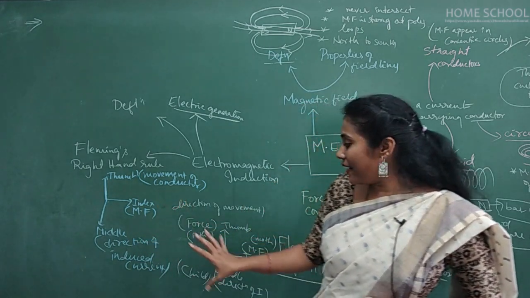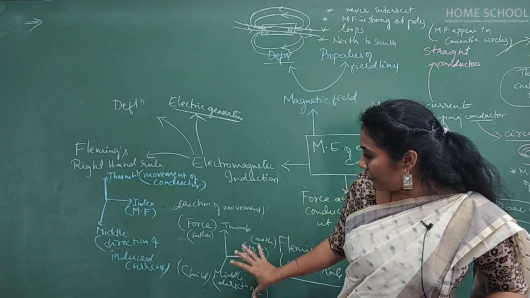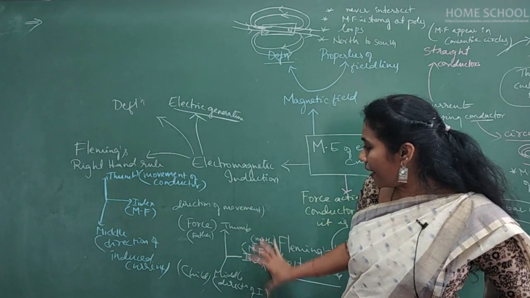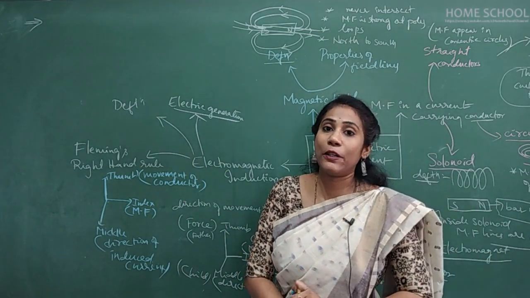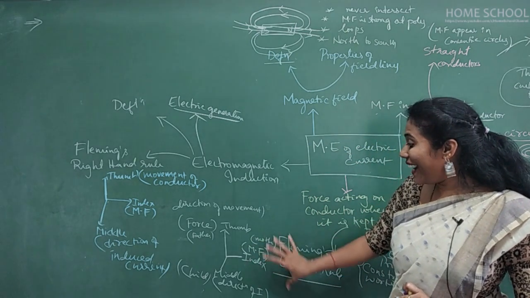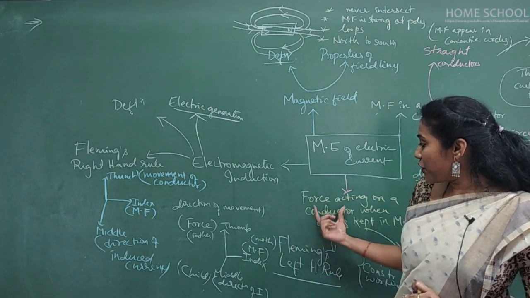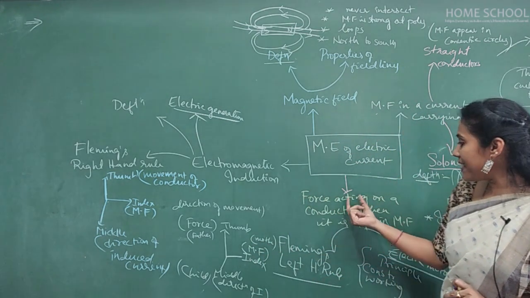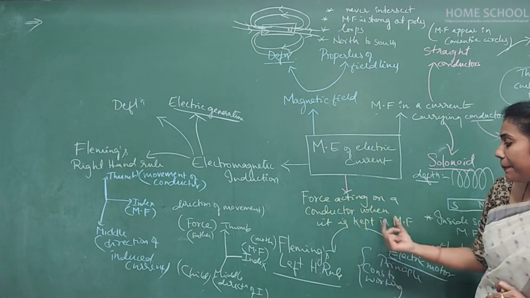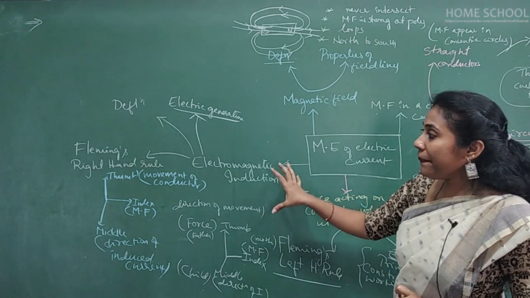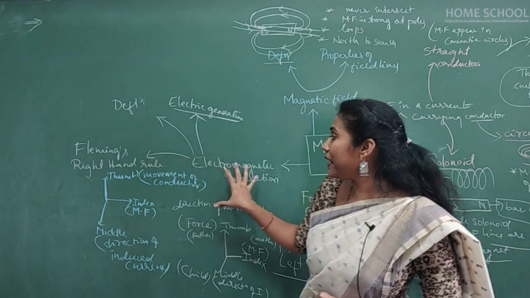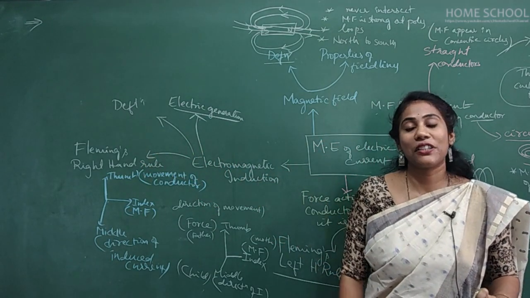So you must clearly understand the difference between Fleming's left hand rule and Fleming's right hand rule. Fleming's left hand rule is completely based on the concept of force acting on a conductor when it is kept in a magnetic field, and Fleming's right hand rule is completely based on electromagnetic induction.